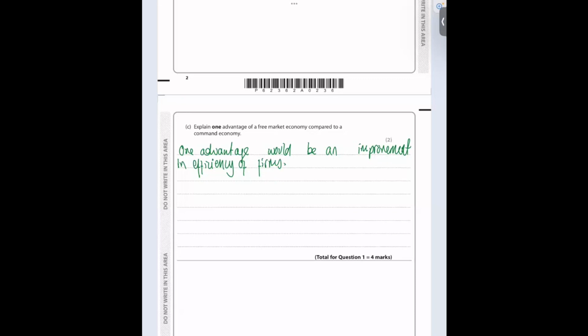So one advantage would be improving the efficiency of firms.